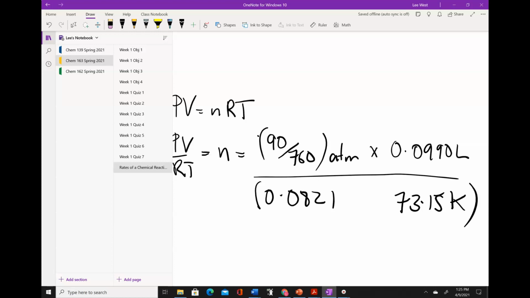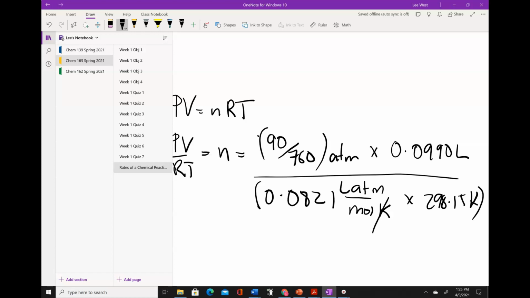Actually, I should put in the units for R. It is liters atmosphere per mole per degree Kelvin. And then Kelvin was 298.15 Kelvin. There we go. So Kelvins, Kelvins, liters, liters, atmospheres, atmospheres, and then you're left with 1 over 1 on moles, which is just going to be moles.